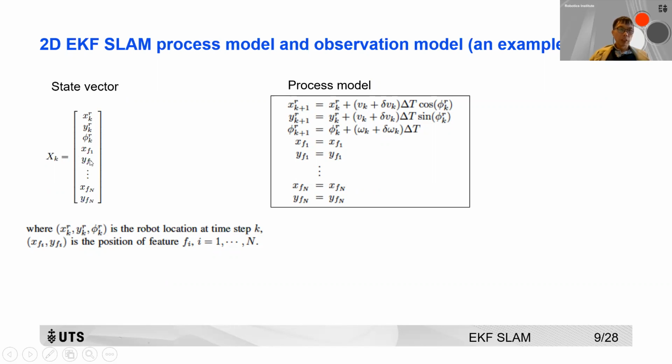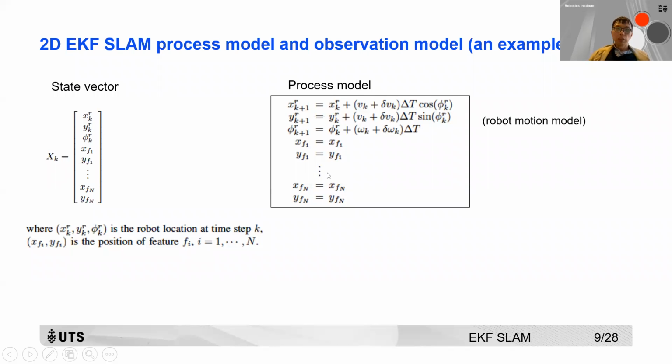Depending on how many features you have, you have those in the state vector. The process model is written in this format. You need to remember the state vector contains robot pose and also the features. So this process model needs to have robot pose and features.